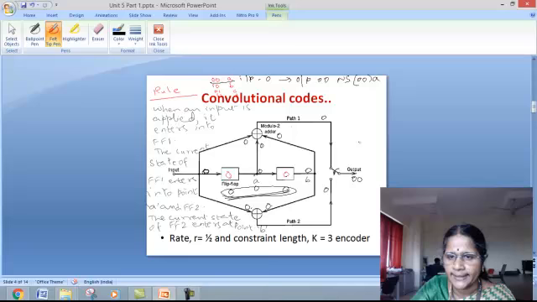So I'm going to draw the state diagram. Let me start from state A. Assume here is state A, here is B, here is C, and here is D. Now I'm starting at state A. Whenever I give input as 0, it is mentioned by a solid line.